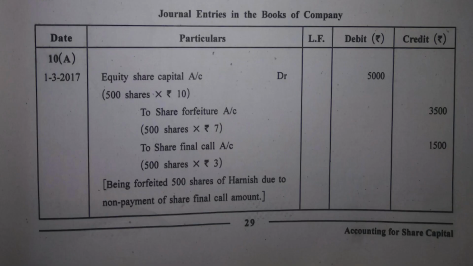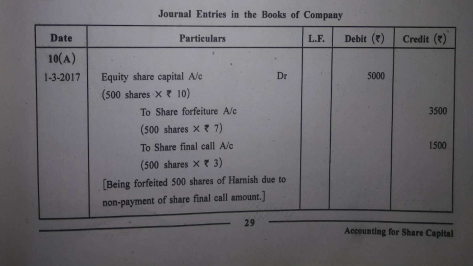So the amount which is not paid by the shareholder is separately credited, and the amount which is paid by the shareholder is credited to share forfeiture account. This journal entry is not new. We have solved entire illustration 9 on the basis of the journal entries that we have understood about forfeiture of shares.